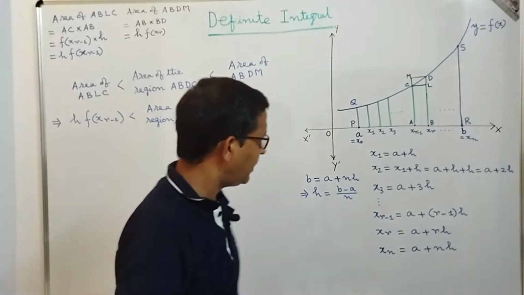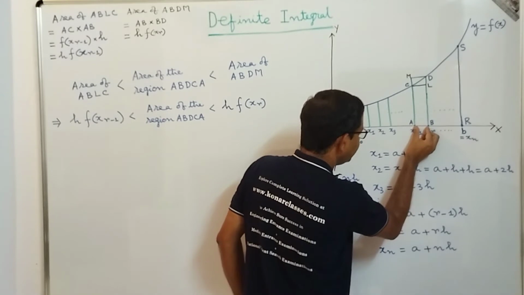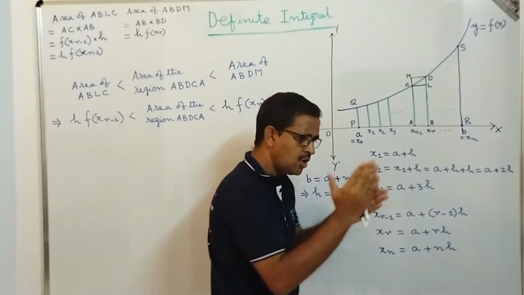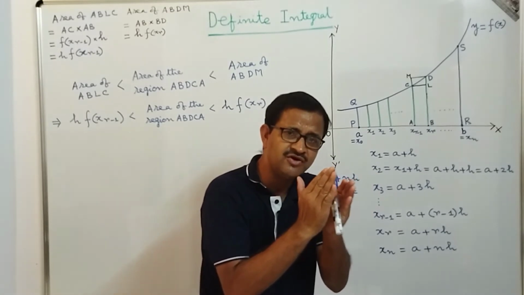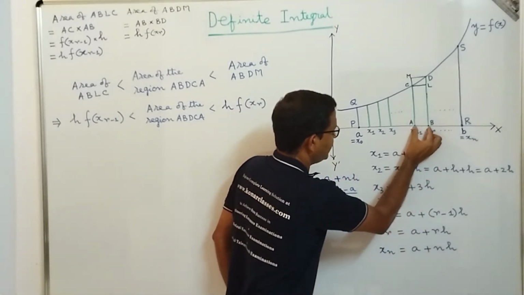Correct? Now think of, dear students, that if you make A and B nearer to each other, then what will happen? All these areas will be converging to a single value.